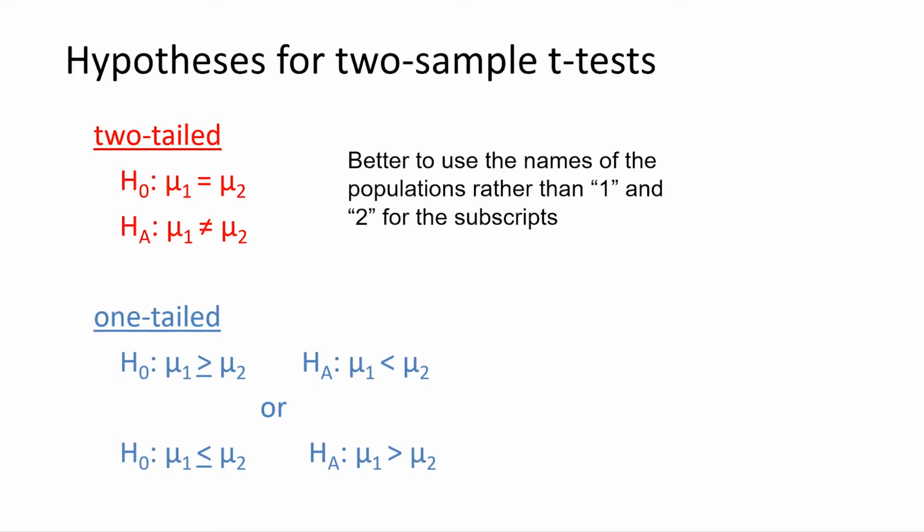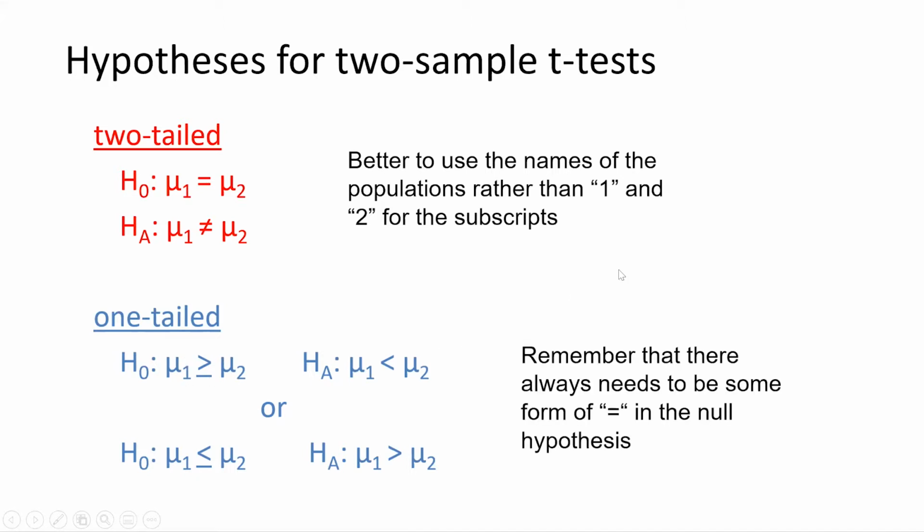The more I have to guess about what your answers mean and where your numbers come from, the worse it is for you. So just a little sidebar. When you're writing these, please write like mu sparrow is equal to mu robin, or mu robin is greater than or equal to mu sparrow, instead of just 1 or 2. It's super ambiguous when you do this. I don't know what you mean.